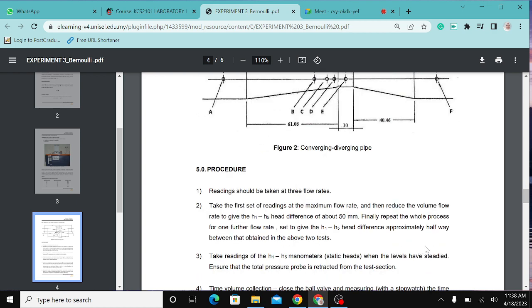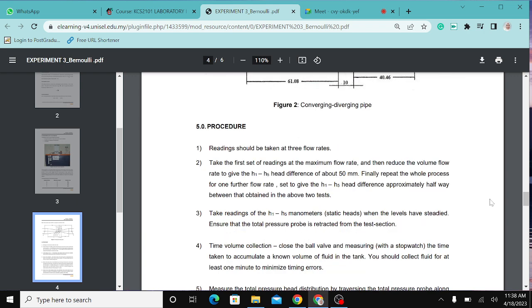So the procedure for the demonstration: readings should be taken at 3 flow rates. For the first reading, use the maximum flow rate, and then reduce the volume flow rate to give an H1 to H5 head difference of about 50 millimeter.